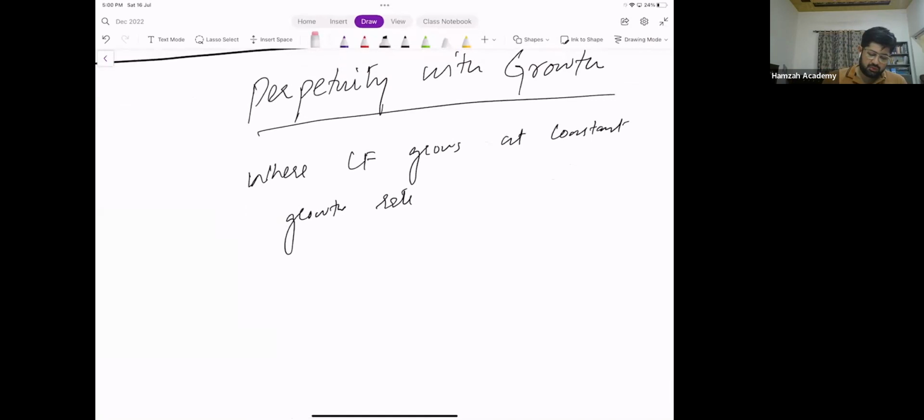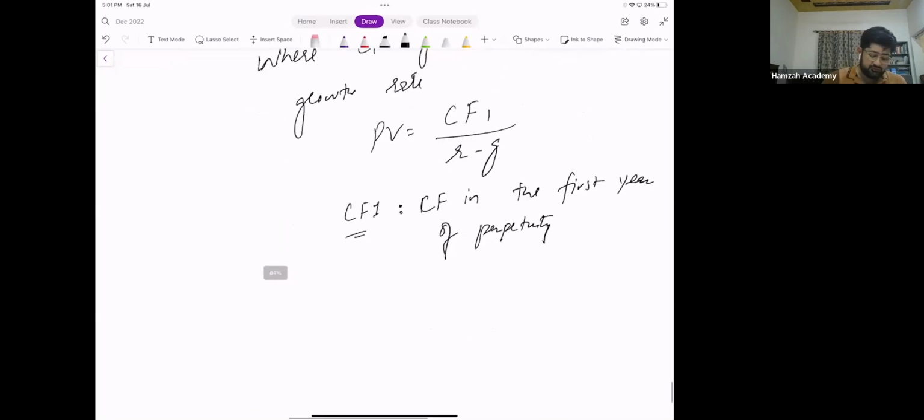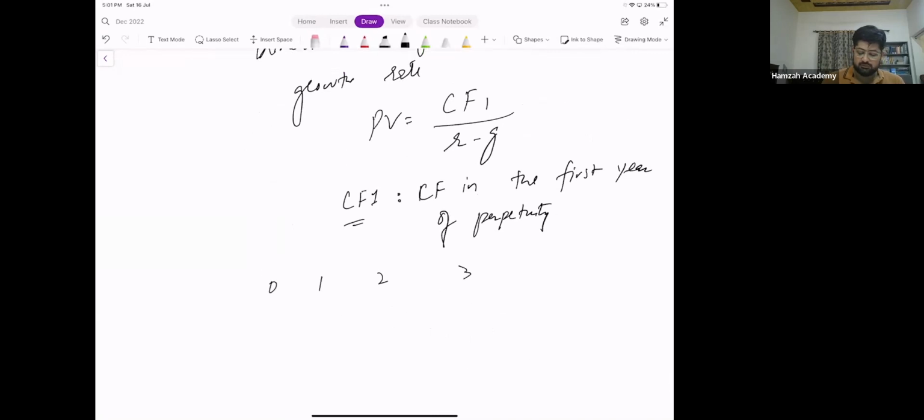Now, how to calculate present value? CF1 over R minus G. CF1 is the cash flow in the first year of perpetuity. G is the growth rate. For example, you will get 7,000 in the next year and then it will grow by 4% every year in the foreseeable future.